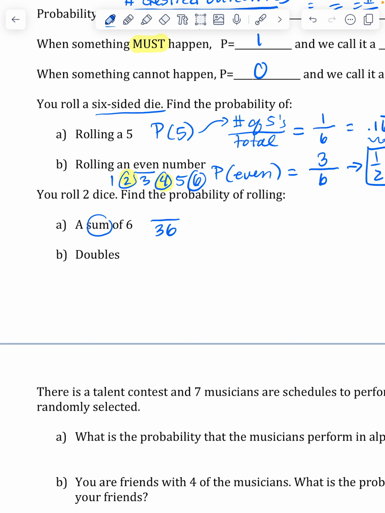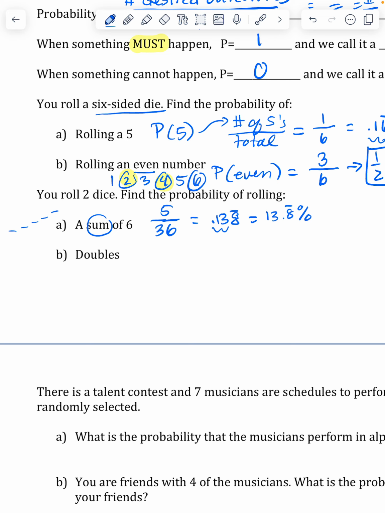If you look at all the ways you can find a sum of 6, and by the way, you're going to find them in little diagonal spots, there's 6 ways, actually there's 5, because I can't count. 5 ways that can happen. Or as a decimal, 0.138 repeating. Or if I move that over, that would be 13.8 repeating percent. Again, however you want to express that.